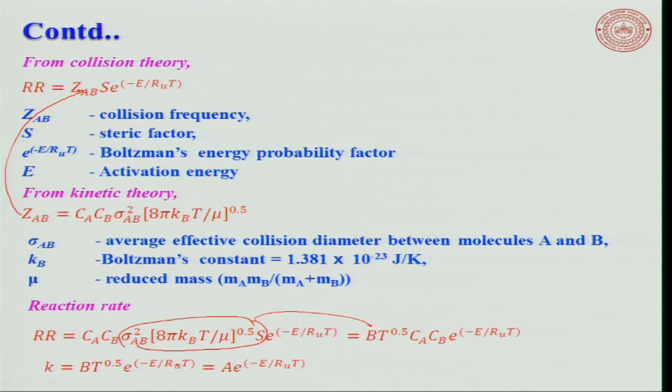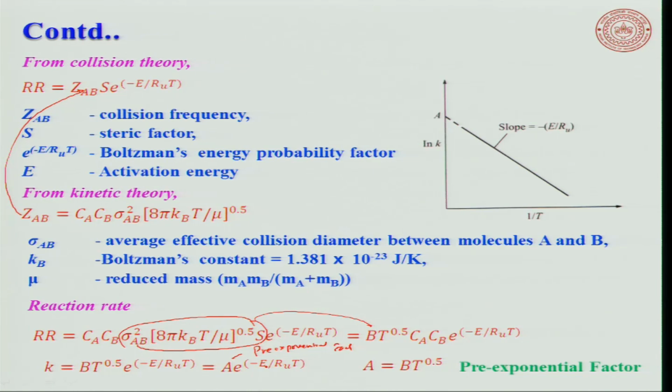So, A is known as the pre-exponential factor, which is basically A equal to B T to the power 0.5. So, this you can put as your law of mass action, or you can get the reaction rate. If I plot ln k with respect to 1 over T, I will get a slope.